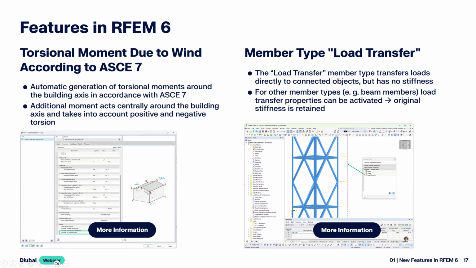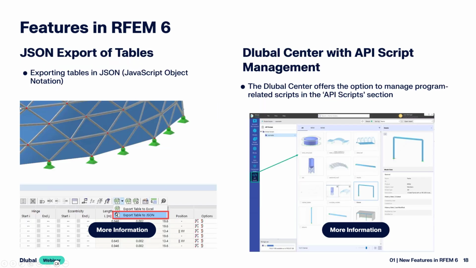That's a feature for America. The torsional moment due to wind is implemented or was implemented. Then the new member type load transfer transfers loads directly to the connected objects. And it has no stiffness. I showed it also in the program when I showed you the Excel export.